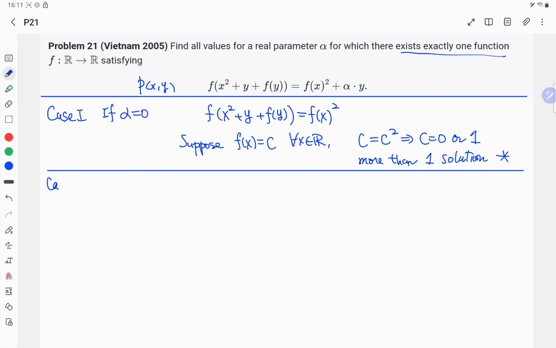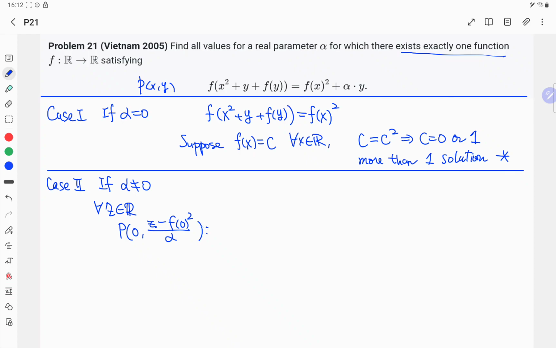Okay, so for case number 2, if alpha is not 0, we can do something else. For all z a real number, we can pick (0, (z minus f of 0 squared) all over alpha). Why does it look like that? You will quickly see.